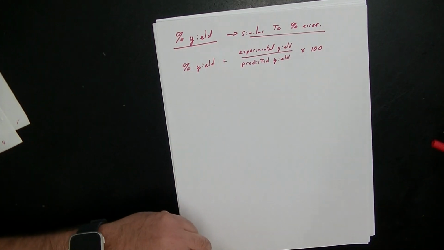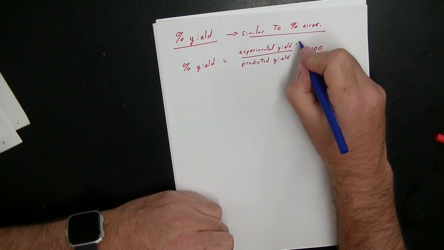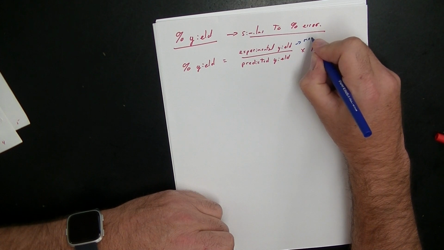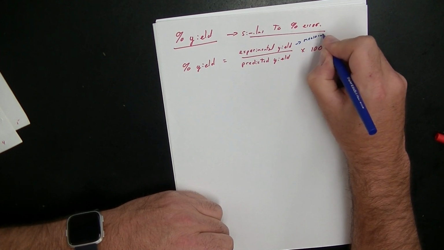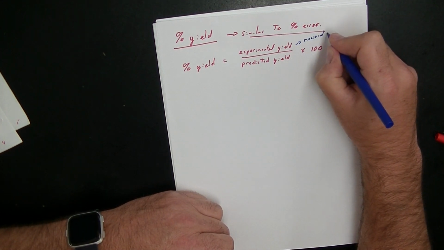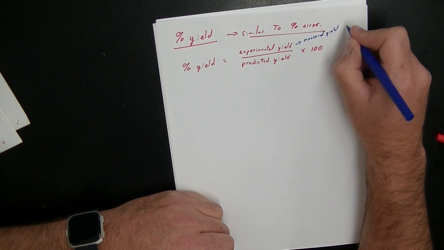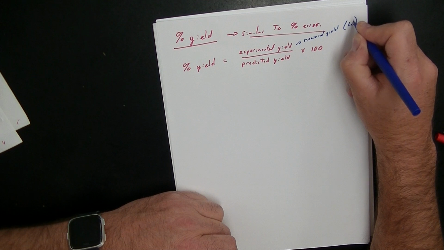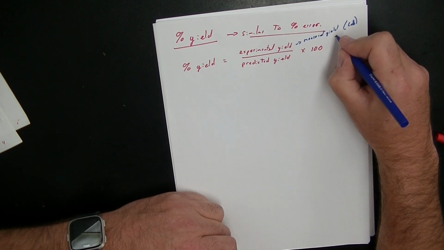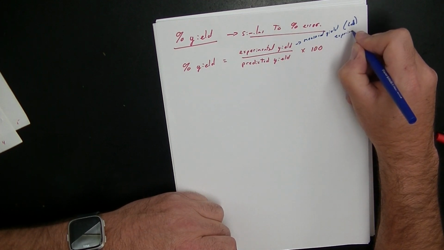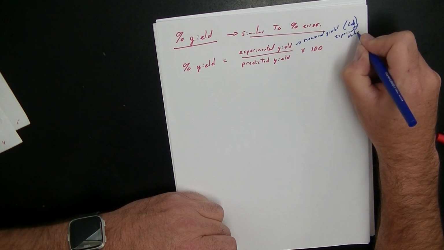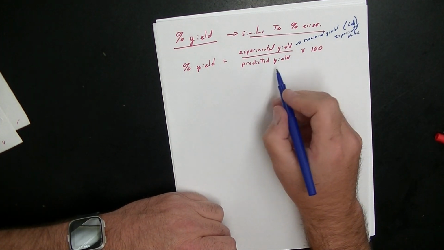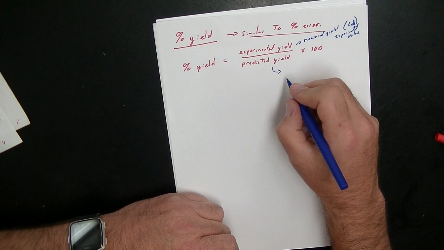So instead of experimental yield, this is our measured yield. This is the one we usually do in lab, or the experimental value. Sometimes that's what it's called. The bottom one is sometimes called the theoretical yield.